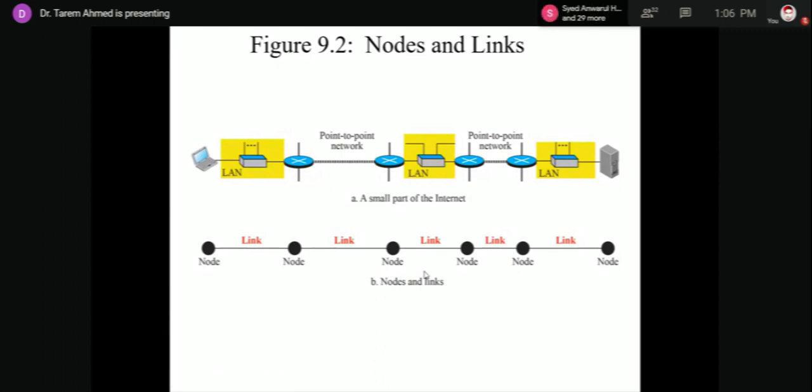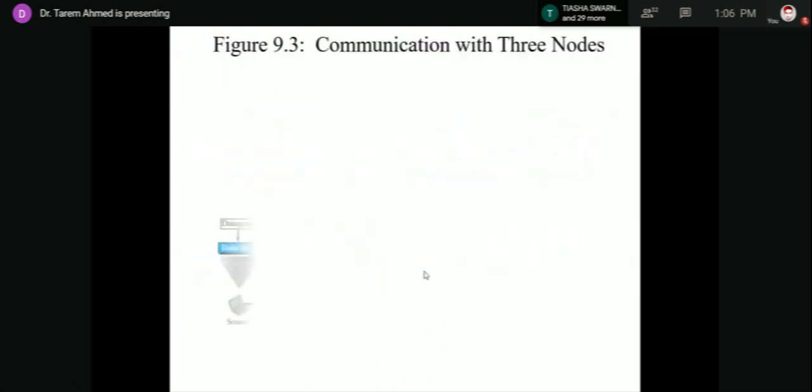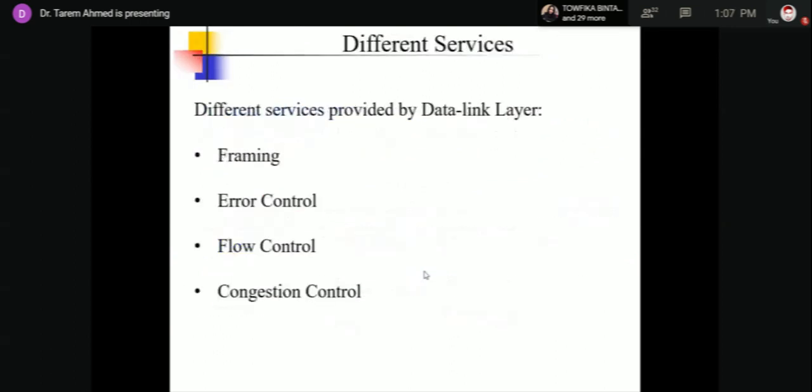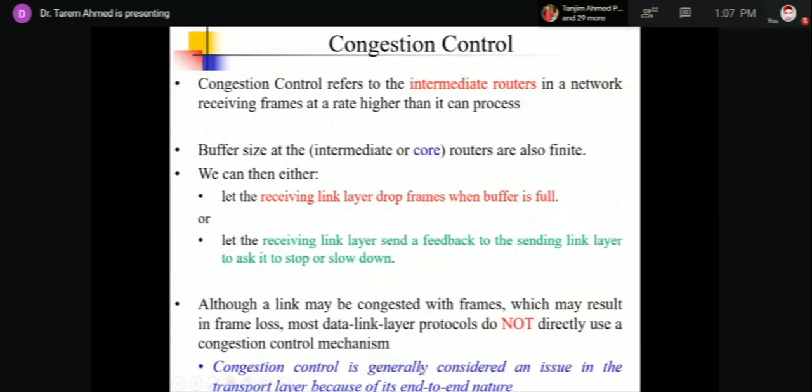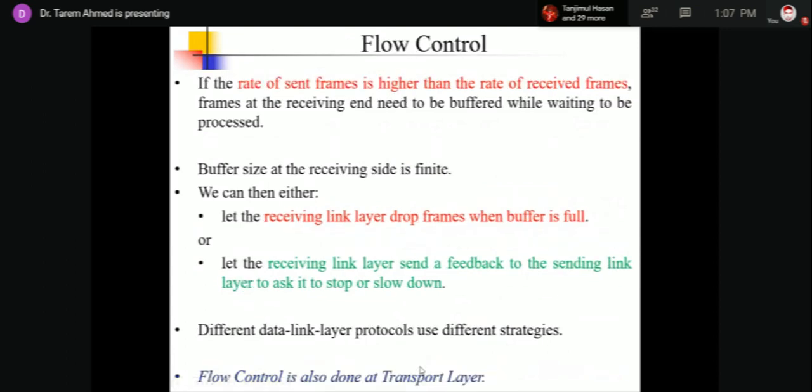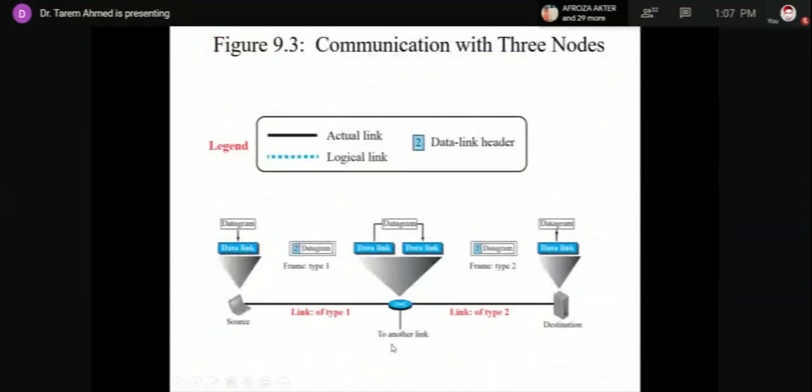A download accelerator will make sure your browser does not slow down. I have not said this yet, but even though these two are defined in this layer, flow control and congestion control are typically done at the transport layer, because these reactions have to be done at the ends. If an intermediate router is congested, the router cannot stop the congestion.